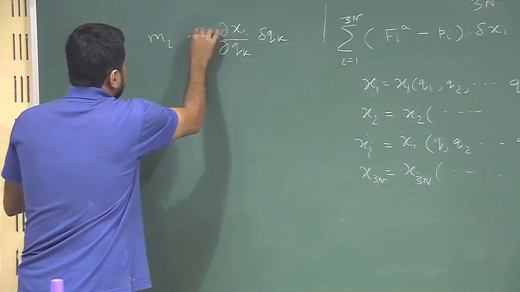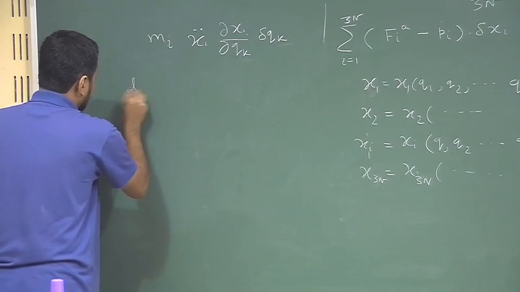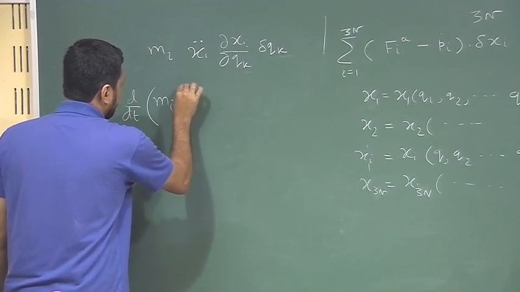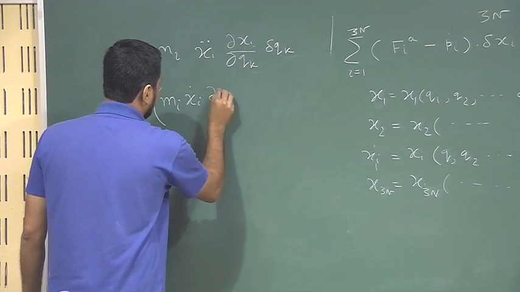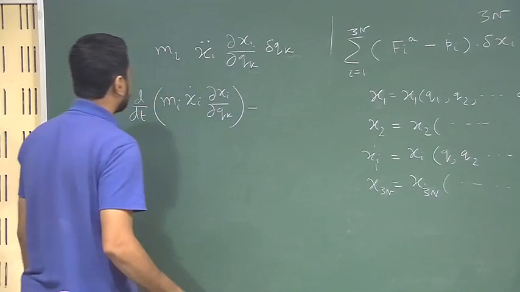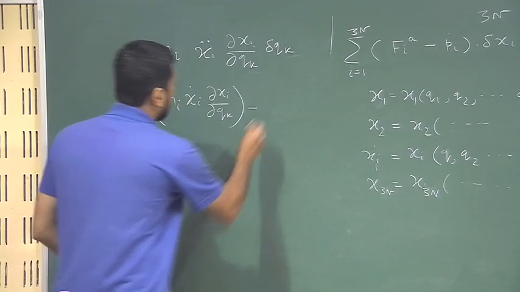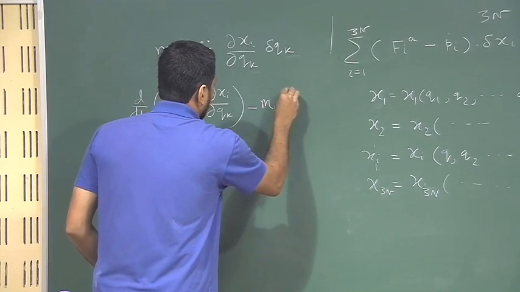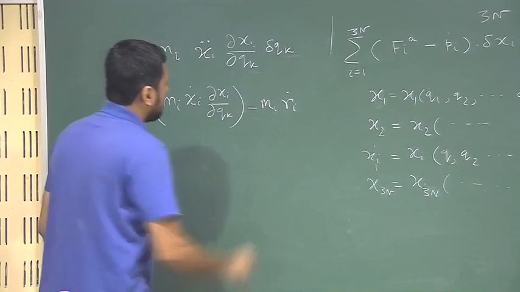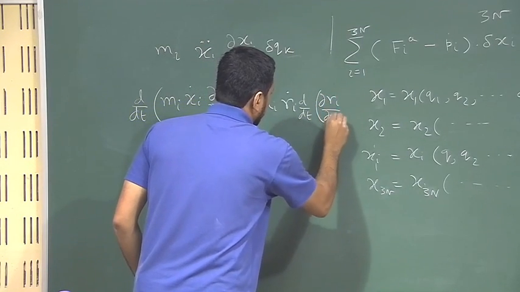Now it can be shown with simple mathematics that this is equal to d/dt of mi xi dot del xi del qk, minus mi xi dot d/dt of del xi del qk, and this third term will be d/dt of del ri del qk.